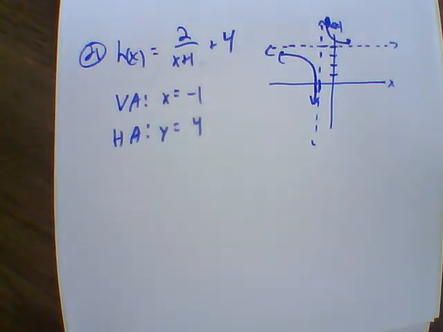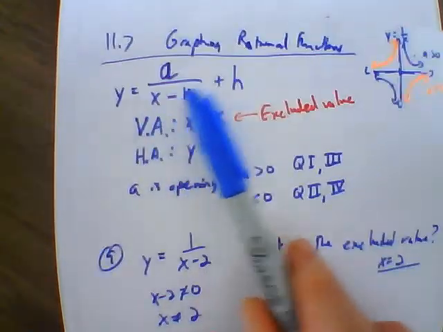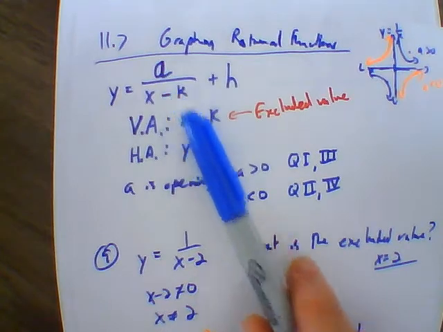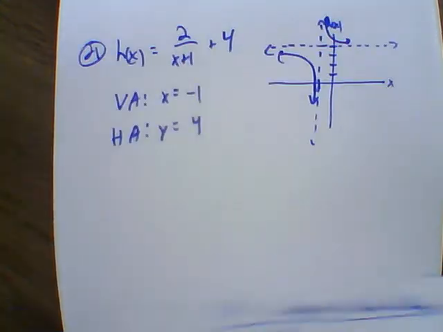Overall, our graphs are always transitioning off of this basic overall curve right here. So write down your vertical and horizontal asymptotes, graph those, and then you're going to be filling in either upper right, lower left, or upper left, lower right, once again depending upon if we have a positive or negative value there.